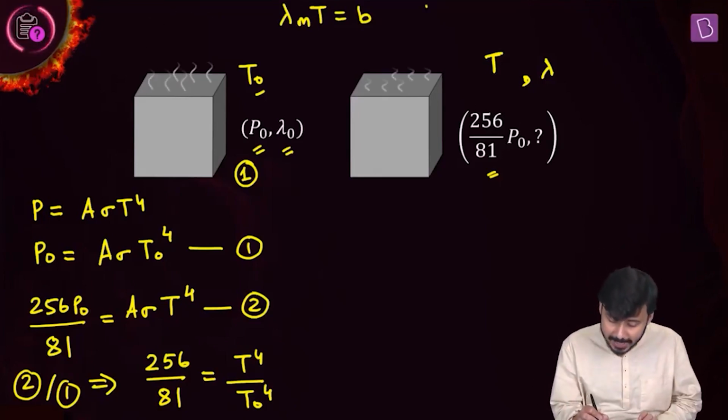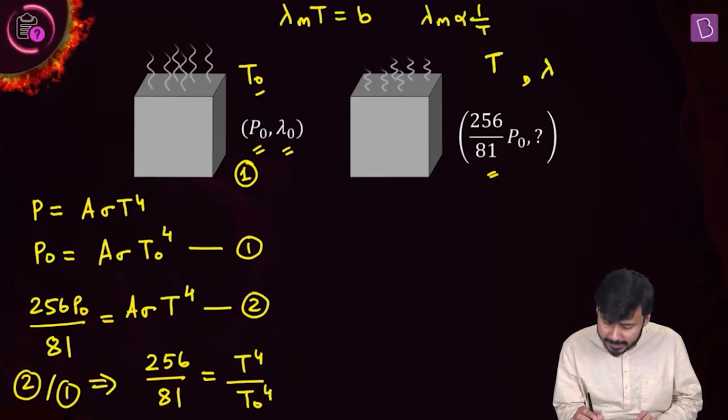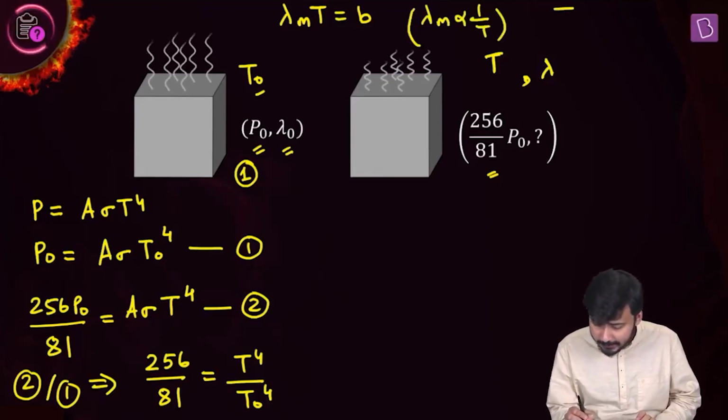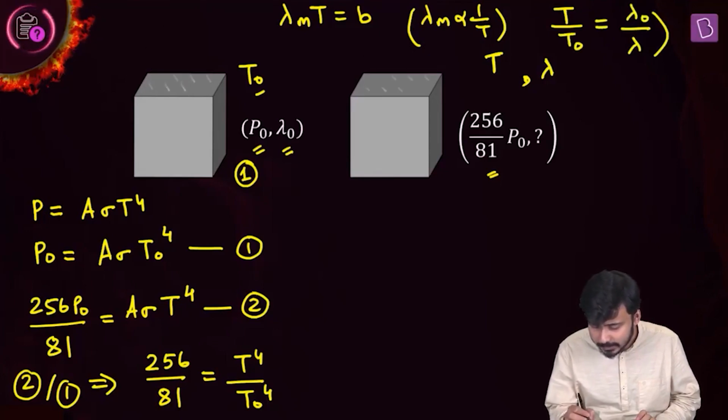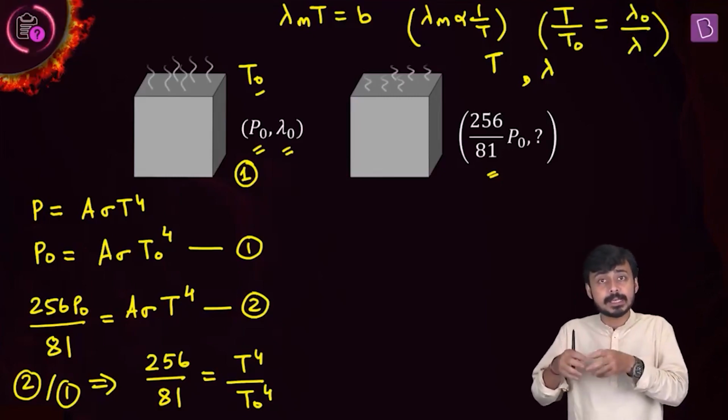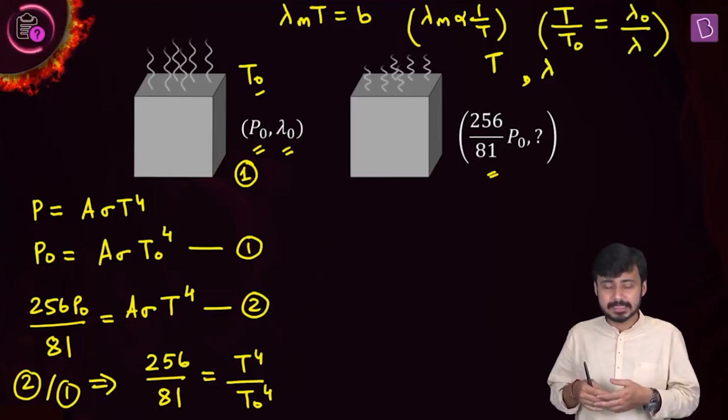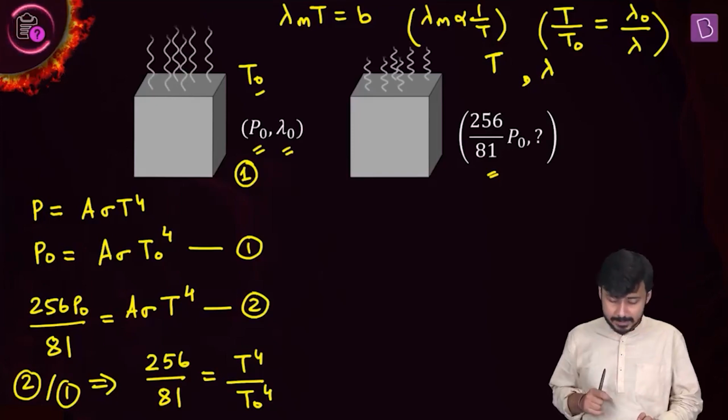I can write the final temperature by initial temperature is equal to the initial wavelength by the final wavelength, where wavelength is corresponding to the maximum energy. That's the logic.